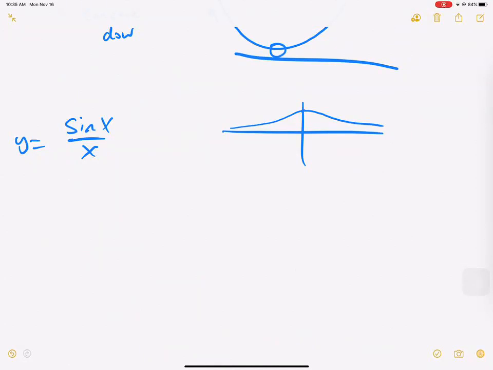Actually, you know what? This graph doesn't work. Because why can't we do this rule? Is this continuous or not continuous? It's not continuous, right? Because you cannot plug in 0 here. Let's look at another graph.